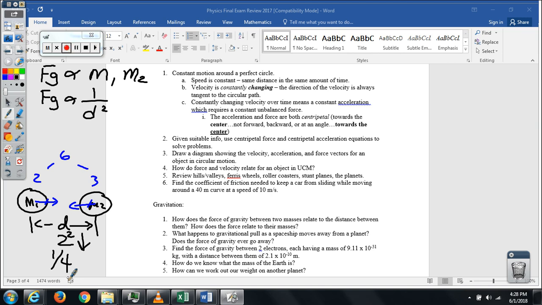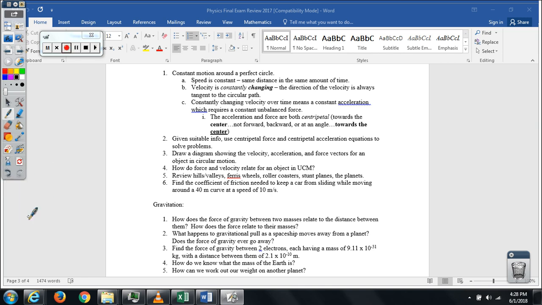Same thing with gravity on the Earth, because Earth is just in this case one of the two masses that we're talking about here. So here's the radius of the Earth. So we define FG for us a distance of RE away from the center.